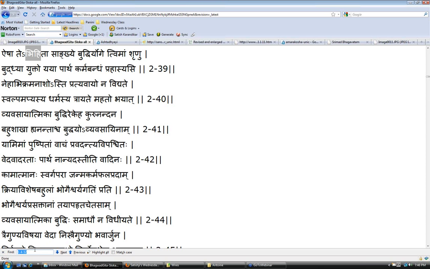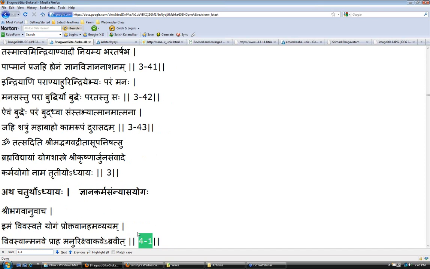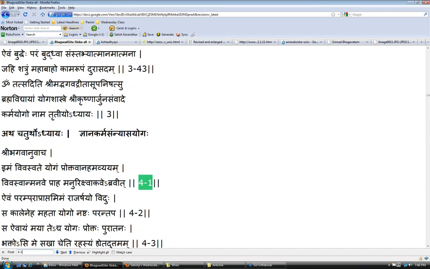In chapter 4, I think, 4.1. Here's an interesting shloka. Evam parampara praptam imam rajarshayo viduhu. You can also say rajarshayo aviduhu, because of padanta there could have been avagraha here also. So actually, aviduhu is the form.